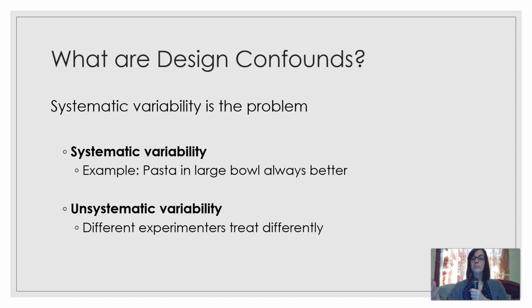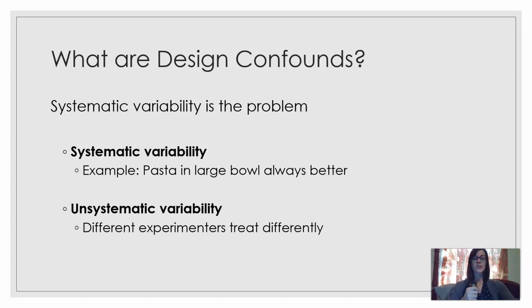And so because the graduate students had a little bit more experience, they probably treated participants a little bit differently than the undergrads did, who were probably a little bit less experienced. Now, here's the thing. That does introduce variability, but it's not specific to a particular group or experimental condition.